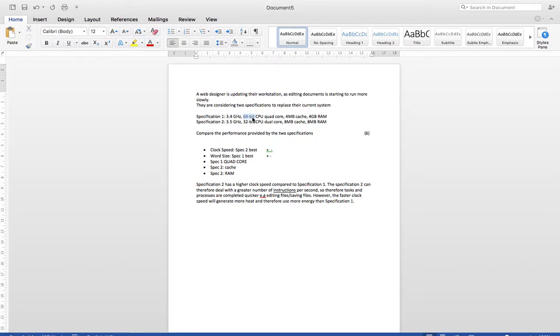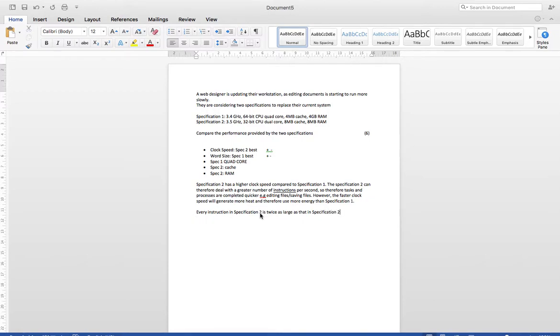I'll skip over the 64-bit part because I'm not going to write about that, but obviously you could include that every instruction in specification 1 is twice as large as that in specification 2.